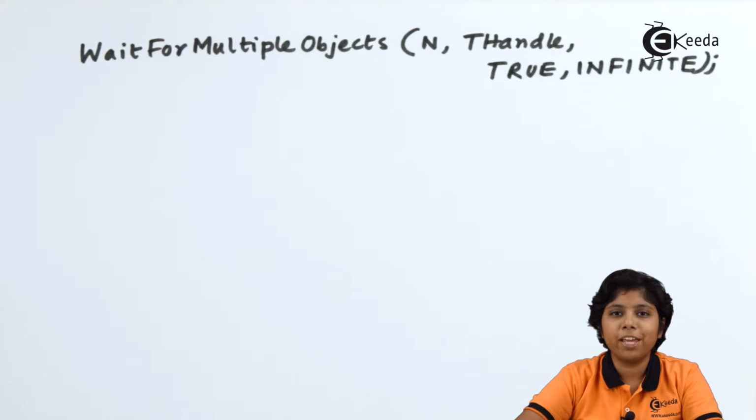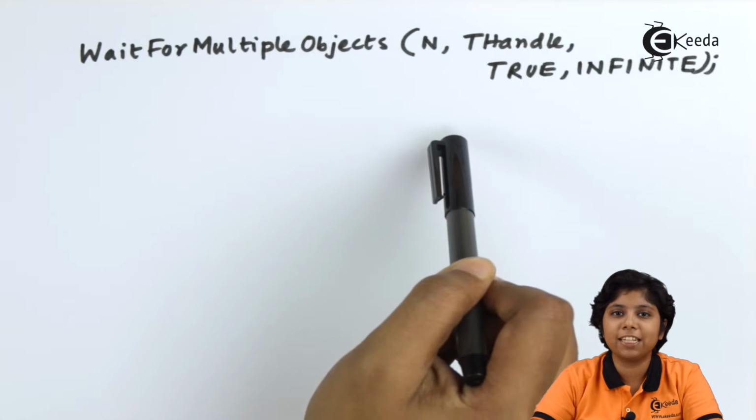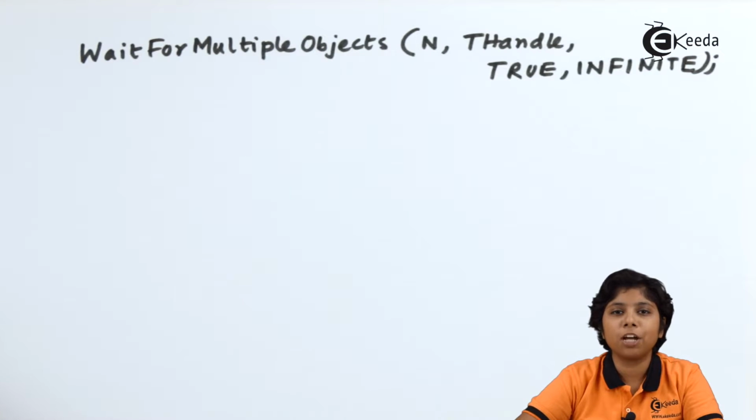So in this way, we can create a parent thread that can wait for multiple child threads, using a THANDLE array of size n, the flag set to TRUE, and the timeout duration infinite.